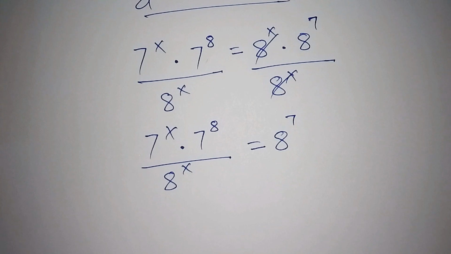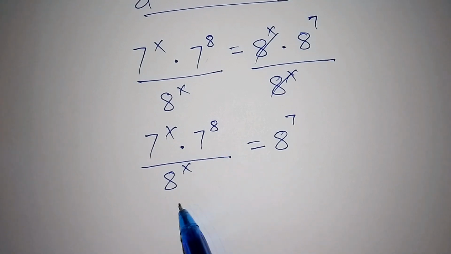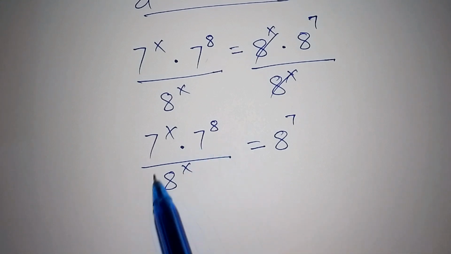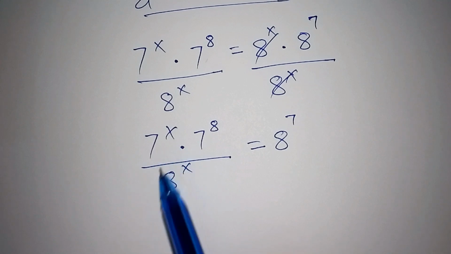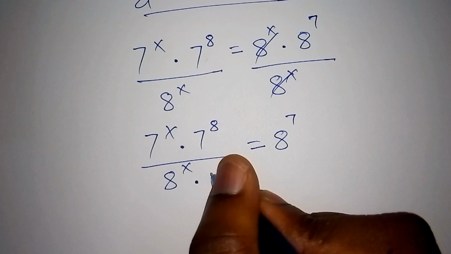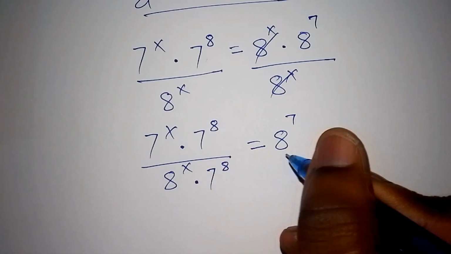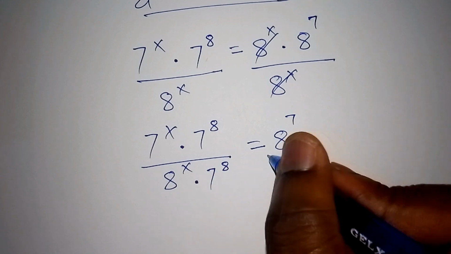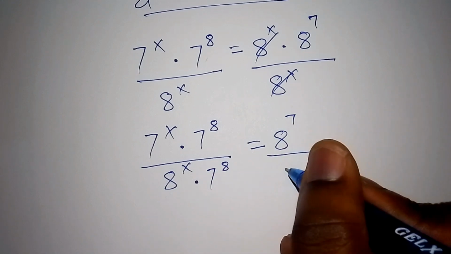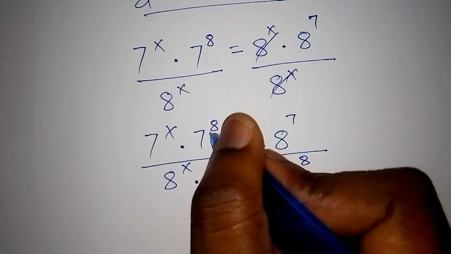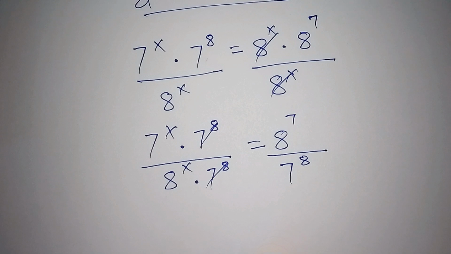The next thing I'll check, I shall now be forced to divide both sides by 7 to the power of 8, simply because I want to remain with 7 to the power of x on this side. So I will divide this side by 7 to the power of 8, and also divide the other side by 7 to the power of 8, so that 7 to the power of 8 and 7 to the power of 8 cancel.